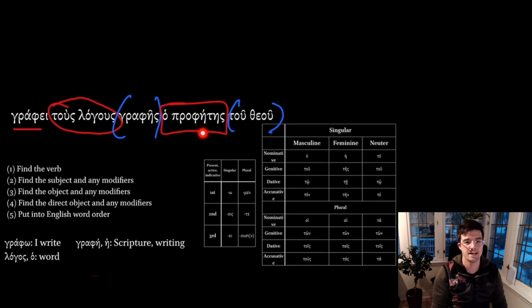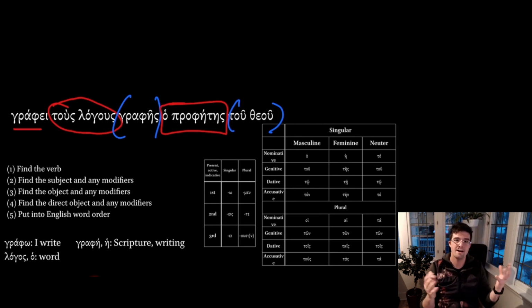So even though these endings look the same, this one is nominative, this one is genitive because this is feminine and this is masculine. So a genitive modifying the words of scripture or of a writing. So the prophet of God writes the words of scripture. All right, that's all we have for the definite article. Up next is adjectives.